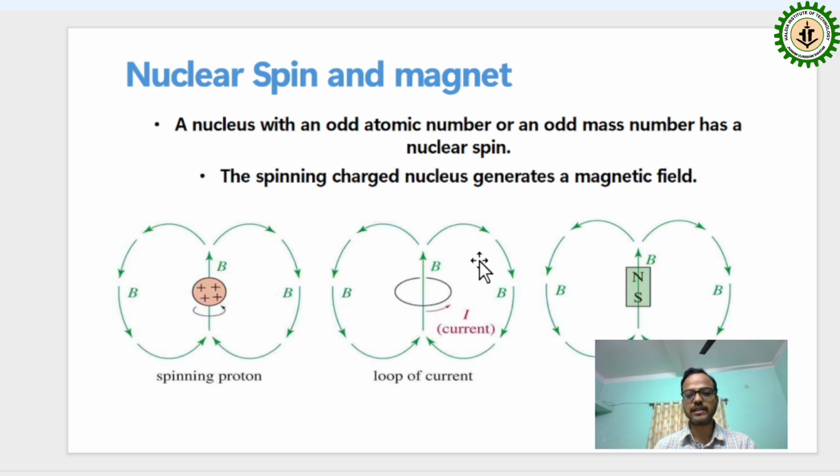Here we can see the nucleus is rotating in this direction and the arrows are moving in this direction, and that is what actually a bar magnet looks like: north pole and south pole, and the magnetic field aligning in this direction. So if the magnetic field is aligned in this direction, then we know from the knowledge of magnets that the north pole and south pole become this way, and this is how a small bar magnet looks.